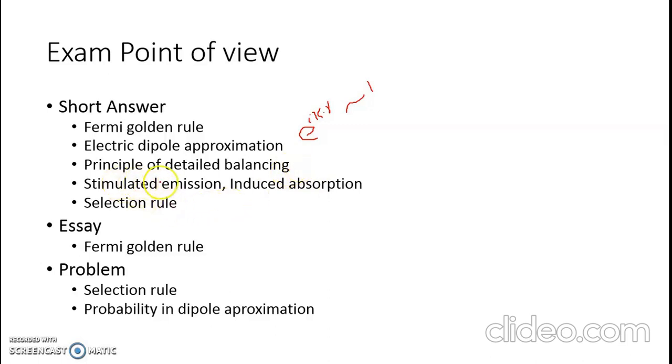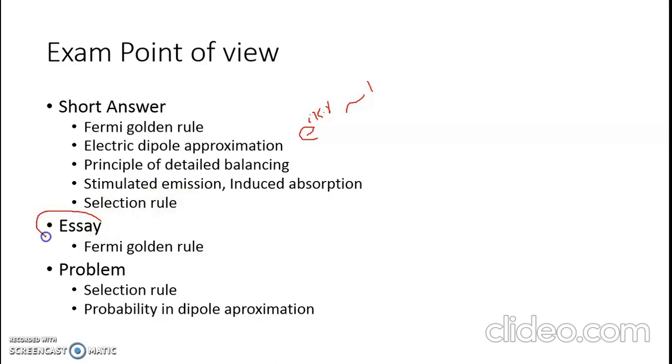Now you will be asked to distinguish between stimulated emission and induced absorption as a case of harmonic perturbation. Another possible short answer is you may be asked to derive the selection rule of transition.